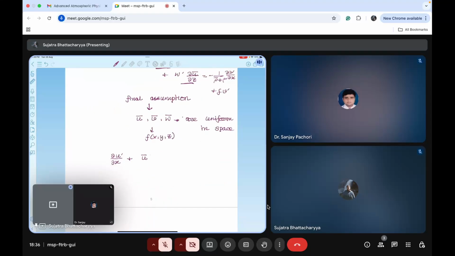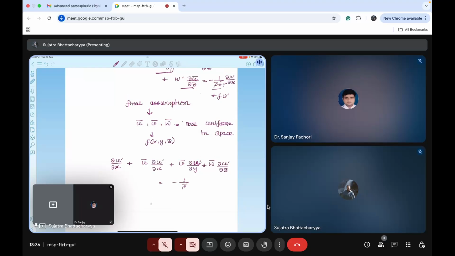So finally we will get u bar delta u dash by delta x plus v bar delta v dash by delta y plus w bar delta u dash by, sorry, this is u, by delta z is equal to minus 1 by, you can make it rho bar because here again rho bar is much greater than rho dash, delta p dash by delta x plus f v dash.